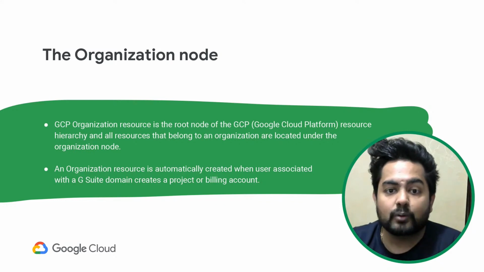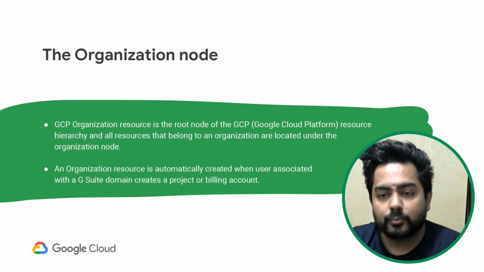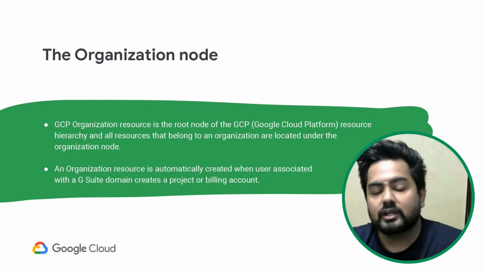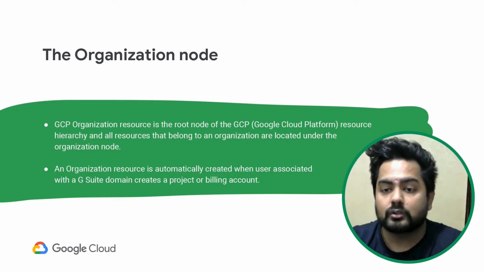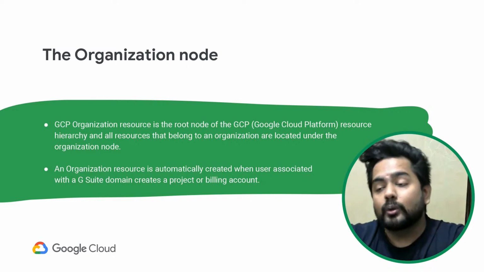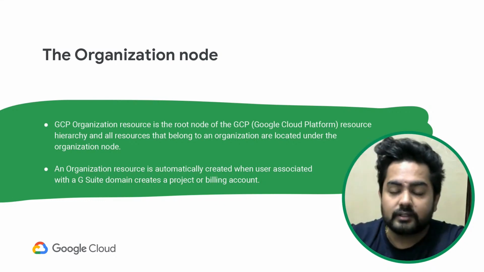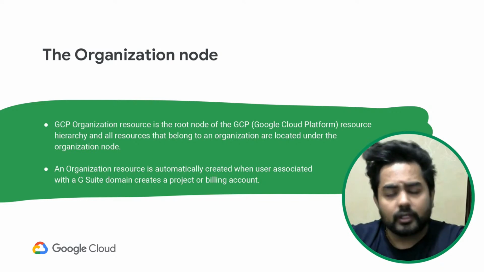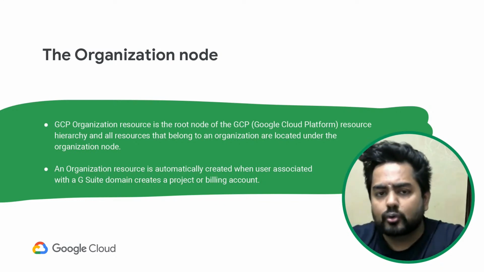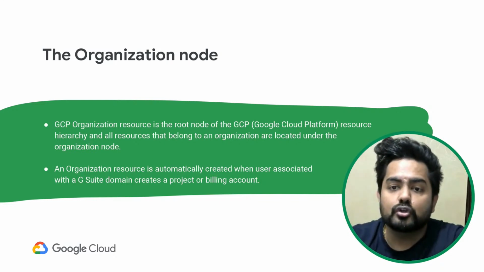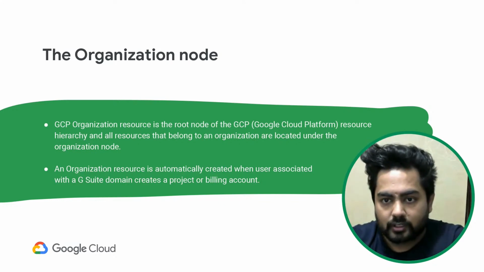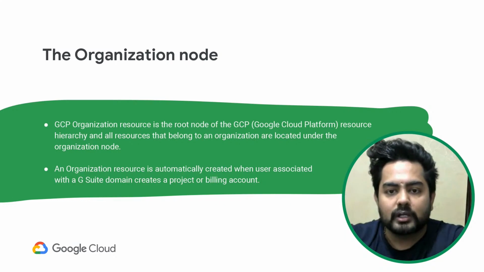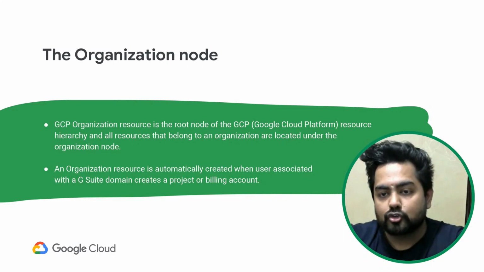Cloud IAM access control policies applied on the organization resource get applied throughout the hierarchy to all resources. If you have a policy applied at the organization level, it gets applied to everything further down below that. In GCP, the organization resource is the root node of the resource hierarchy, and all the resources that belong to an organization are located under the organization node.